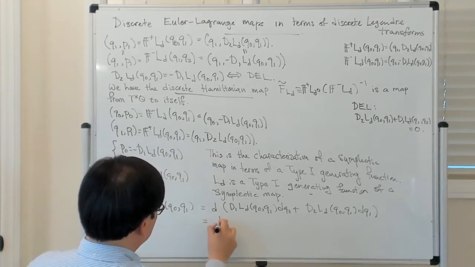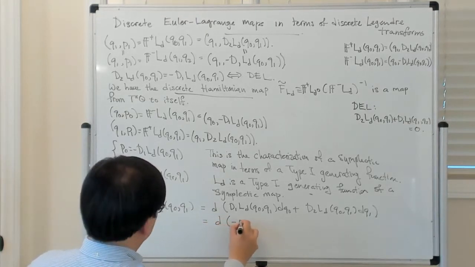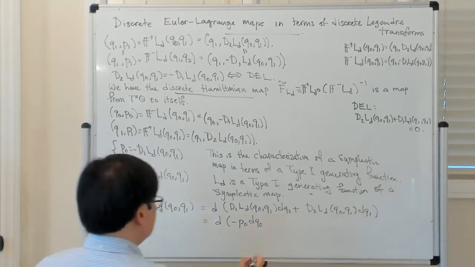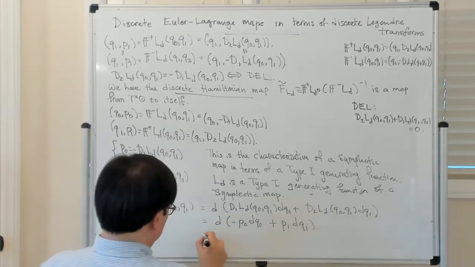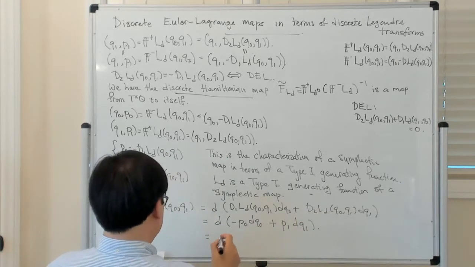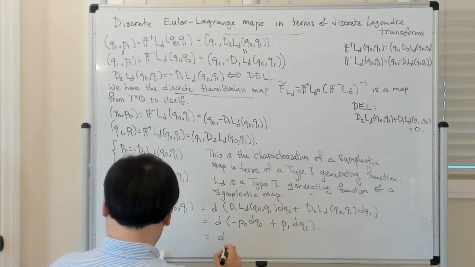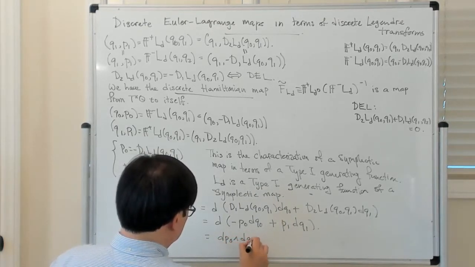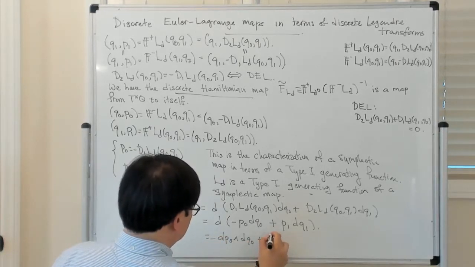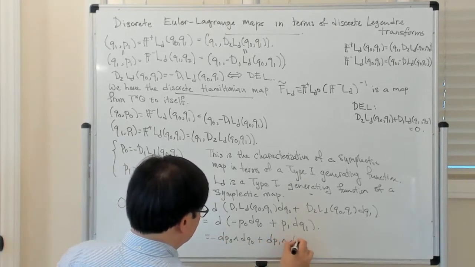This is going to be d of (minus p0 dq0 plus p1 dq1). And of course, the exterior derivative of this is minus dp0 wedge dq0 plus dp1 wedge dq1.